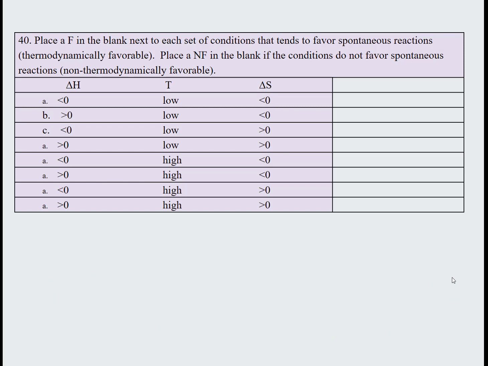Now on this one, you have greater than and less than signs, which I find kind of confusing. So I like to go through and just put if it's negative or positive. So this one kind of has a pattern. And I can do the same thing for my entropy over here.